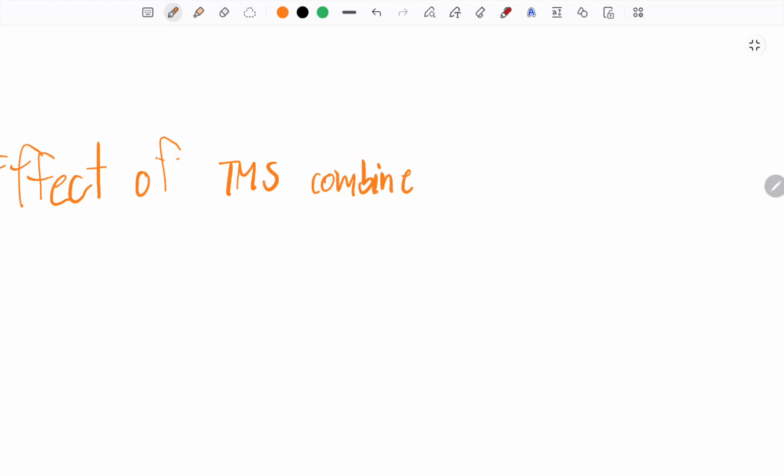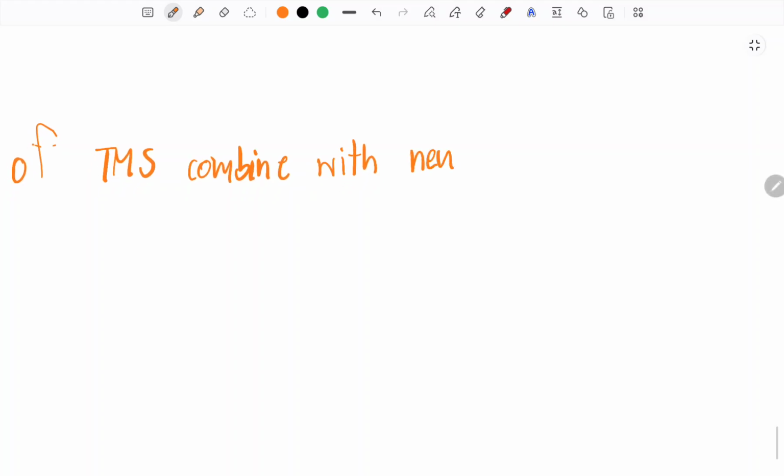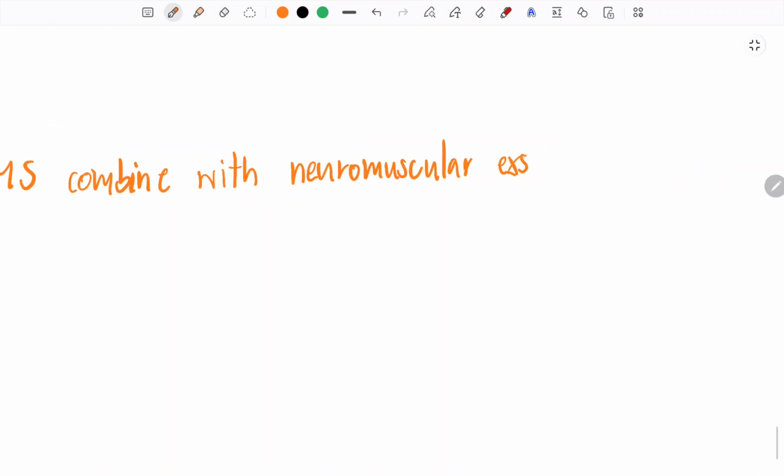I can say MEP, so we can use effect of TMS as the outcome. Then we need the general objective.